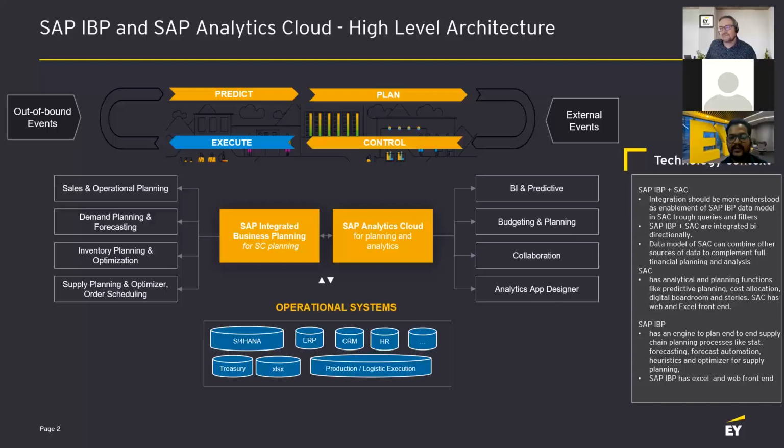Therefore, once an alternate scenario is selected, we copy data to the baseline scenario. And then we have created some flows that will send SAP Analytics Cloud data to SAP IBP for specific data elements.